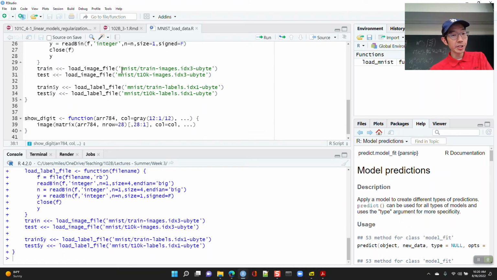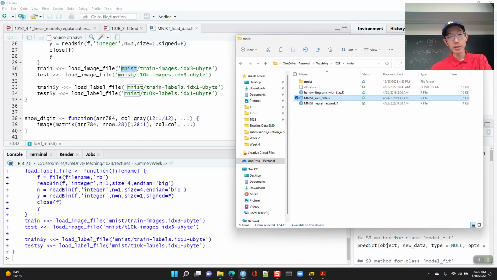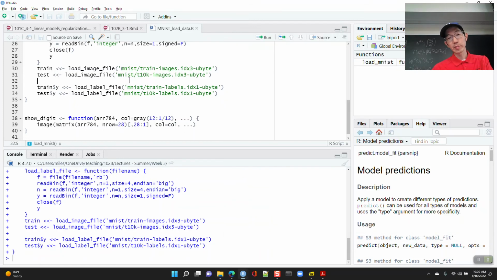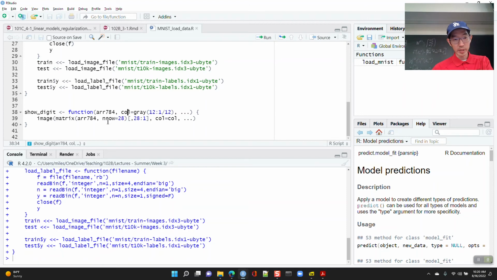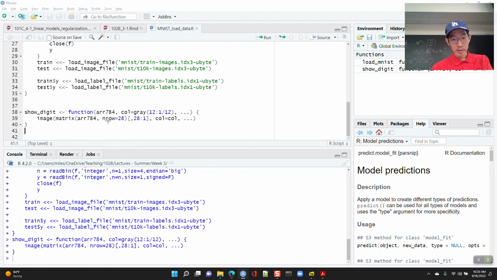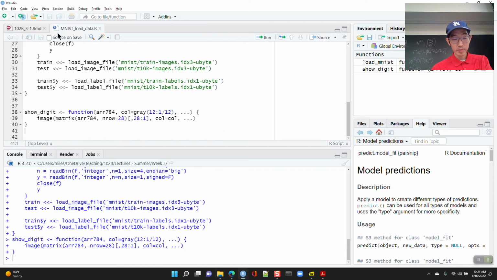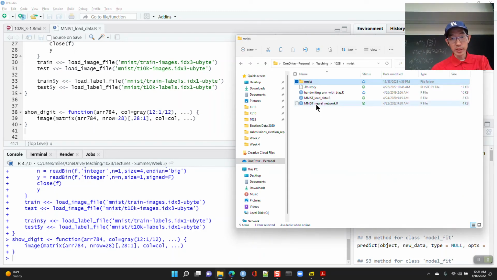You might need to change the path. My data is located in a folder inside called Mnist. If you put the script and the data in the exact same folder, then you would have to change the relative path. But anyway, you can load in the data that way.